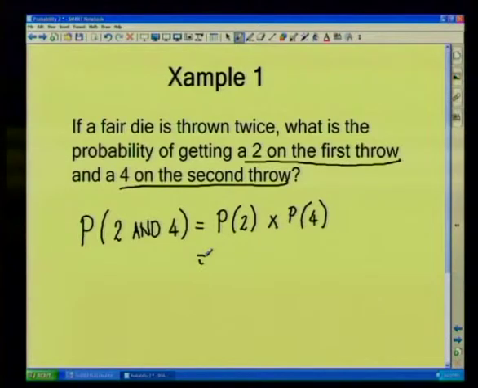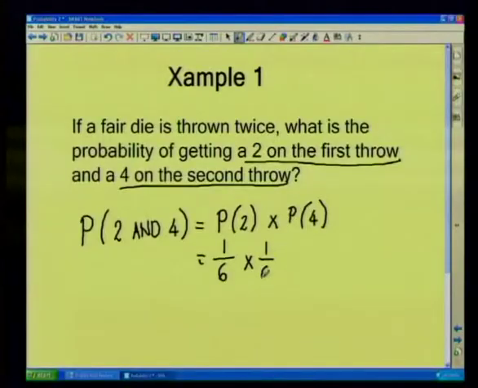It's going to be 1 out of 6. And the same if I'm looking to find the probability of getting a 4. How many faces of my fair dice are a 4? It's only 1 out of the 6 faces. And note I'm now timesing.